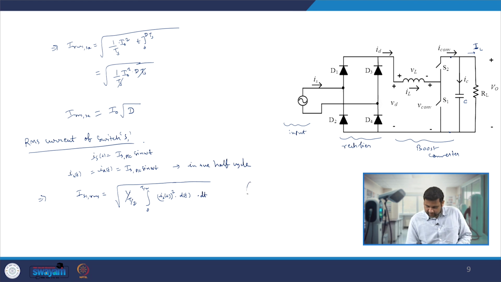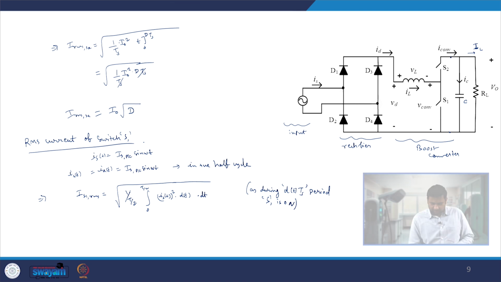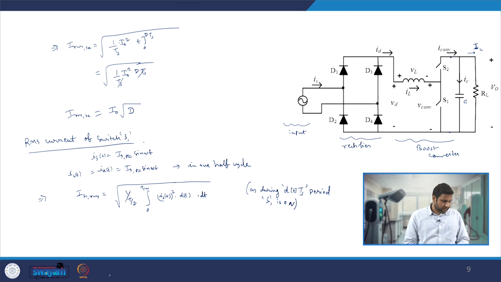So by using the same analogy as we derived some time before, we can write it in this manner.